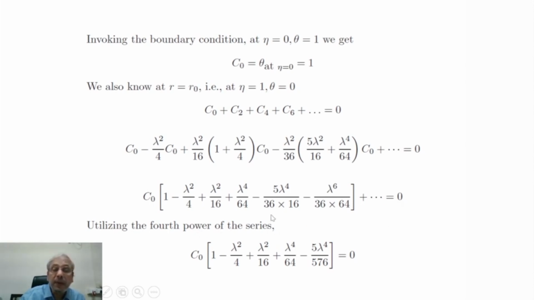Utilizing the fourth power of the series, we can get this term, and then c naught is definitely not equal to 0. We have gotten c naught equal to 1.